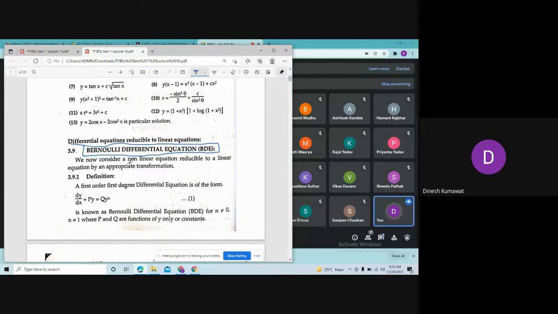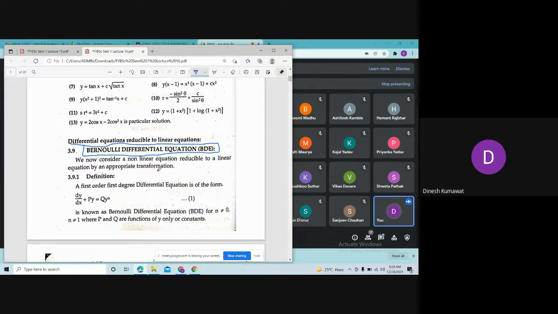So we now consider a non-linear equation reducible to a linear equation by an appropriate transformation. Now see, every time we do not have a linear differential equation. What happens if we have a non-linear differential equation? Then how do we solve those kinds of differential equations?